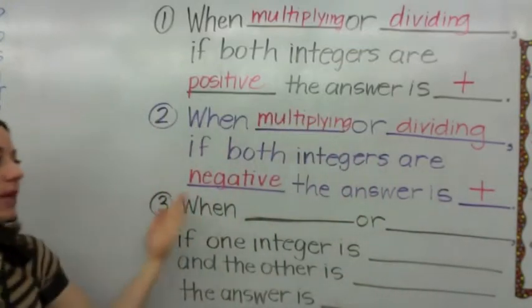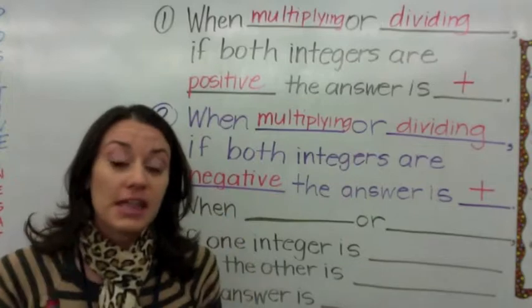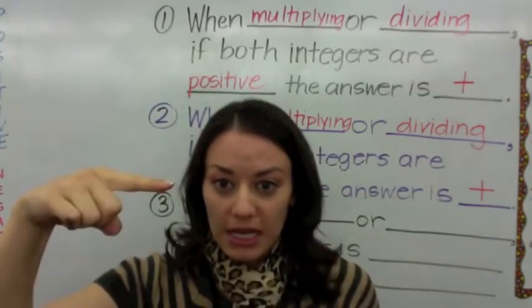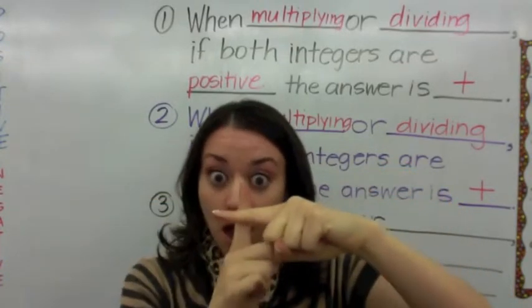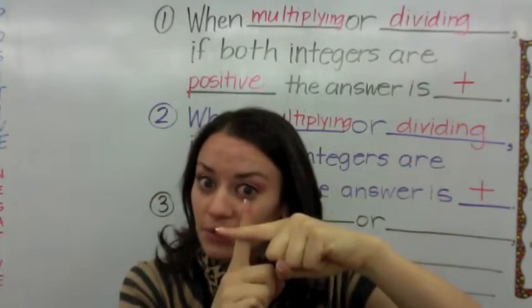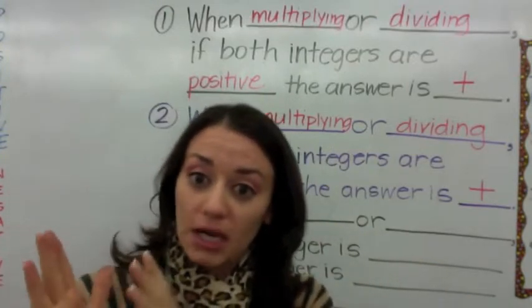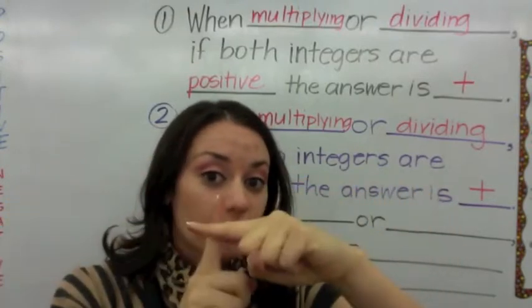When you multiply and divide integers, if you have two negatives, they make a positive. So show me two negatives, right? Here's a negative times a negative. Put them together, they make positive. So that's the main difference between adding and subtracting and multiplying and dividing. Negative times negative makes positive.